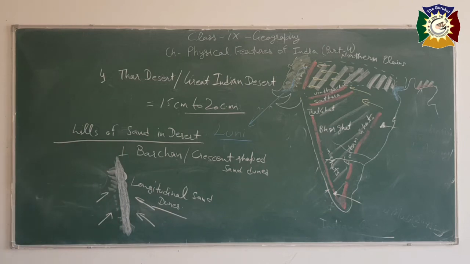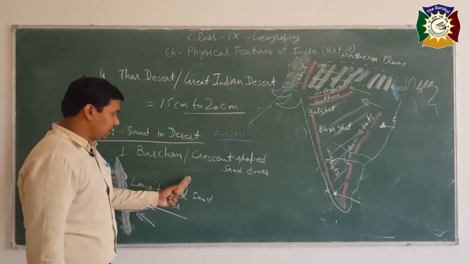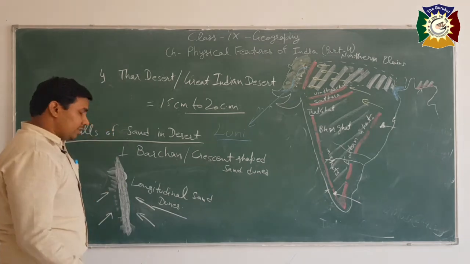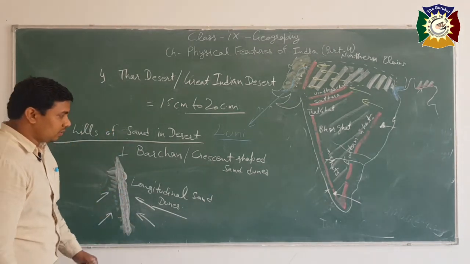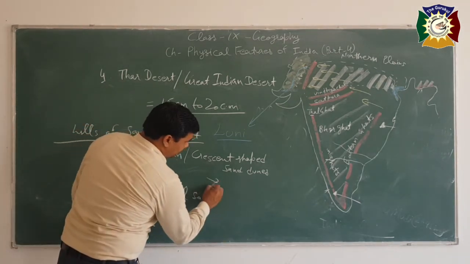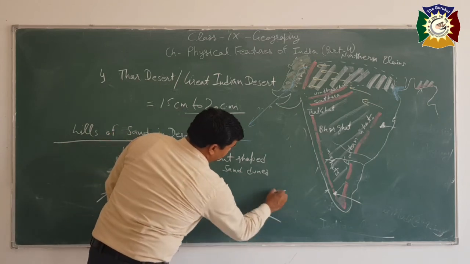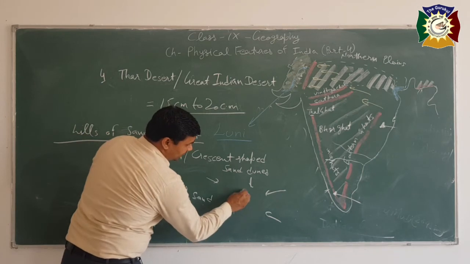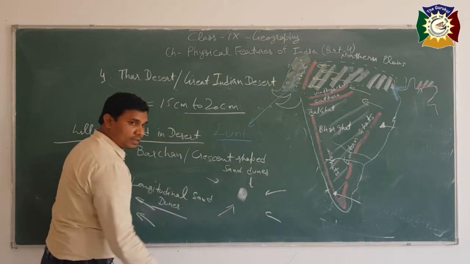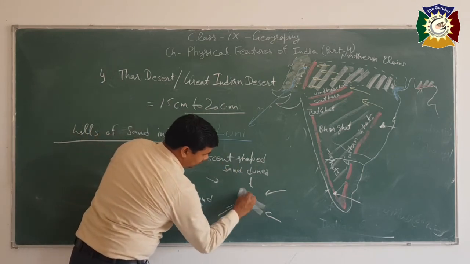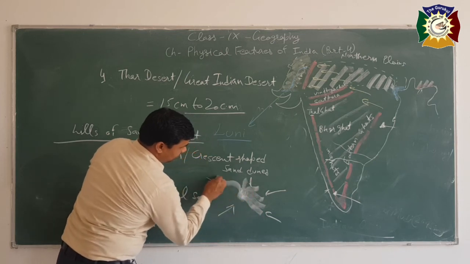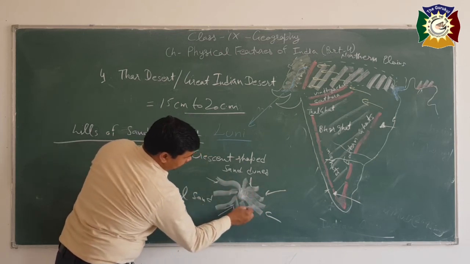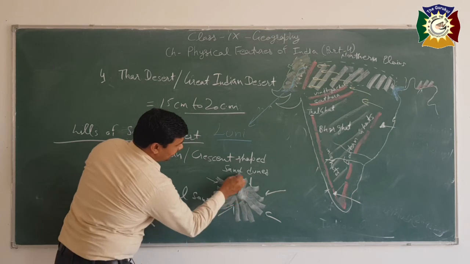One another type of sand dune also found in the desert region totally depends on the direction of wind. If sometimes wind moves from different directions, then what happens? The sand will collect here in the center part, and it will form like a hill.